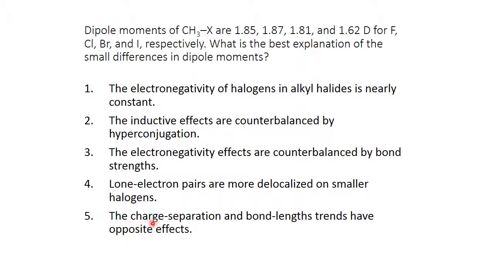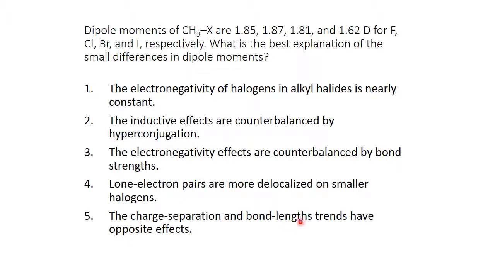Then the charge separation and bond length trends have opposite effects. Well, charge separation is the measurement of the degree of difference in electronegativity. And so as I go from carbon-fluorine down to carbon-iodine, you would have a much smaller difference in charge separation of the delta positive on the carbon to the delta negative on the halogen.